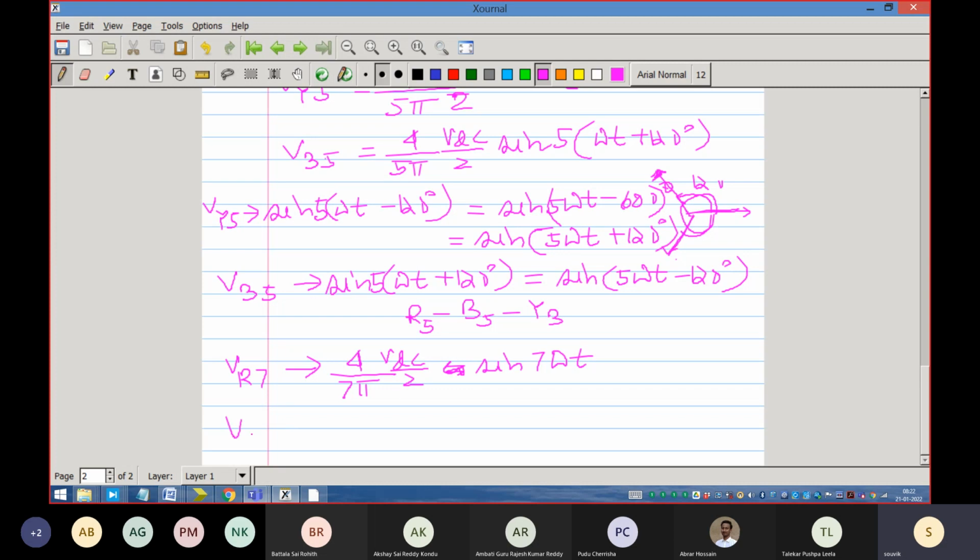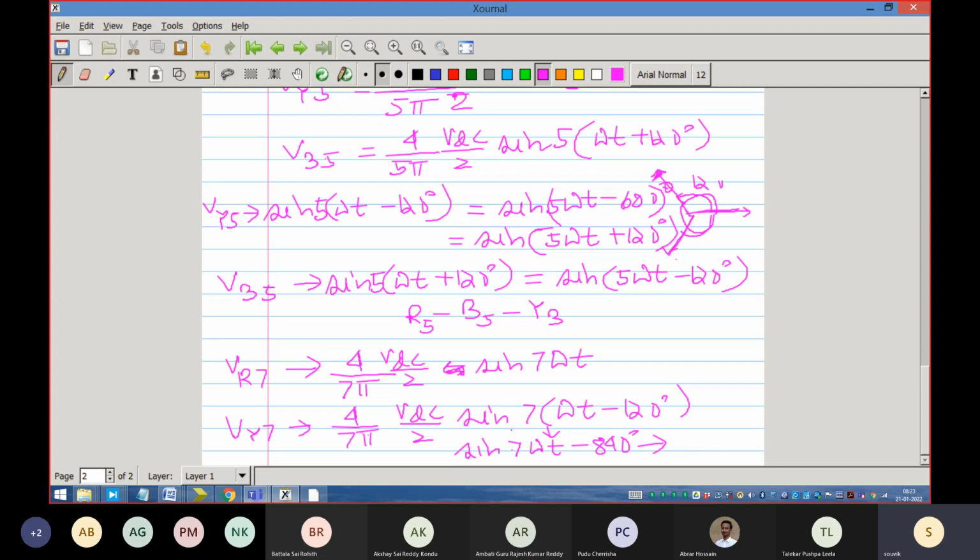The second one is VY7, equal to 4 by 7 pi VDC by 2 into sine of 7 into omega t minus 120 degree, which means this part is sine of 7 omega t minus 840 degree, which essentially means minus 720 minus 120.